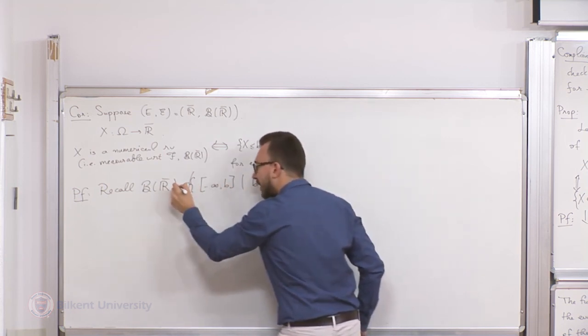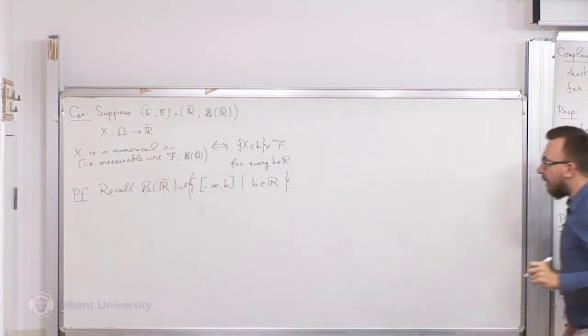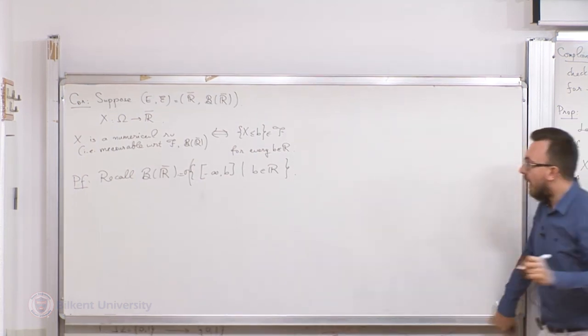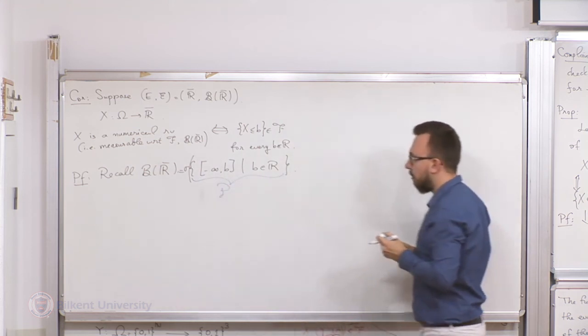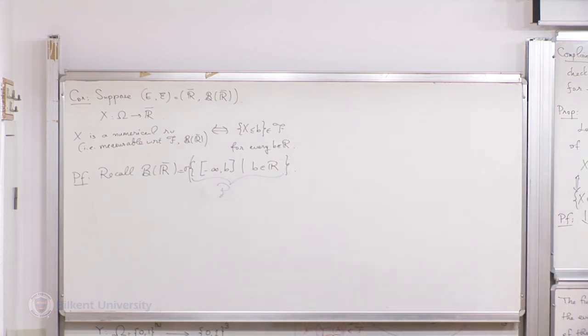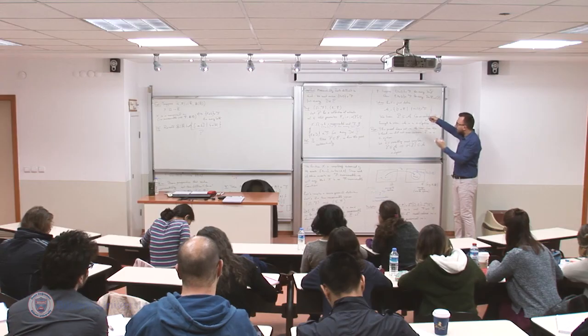It was by definition, I guess, right? And just call it script P. It's a pi system, but we don't even need that to be able to use the proposition.